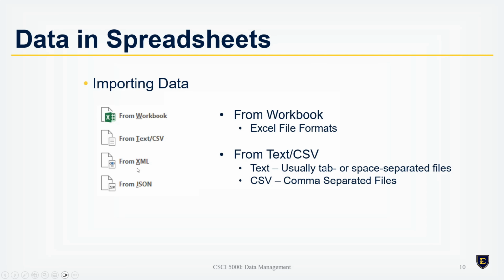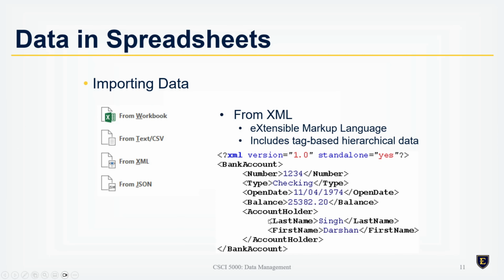Another way to interact with data in Microsoft Excel is importing from XML. XML stands for Extensible Markup Language, and it's tag based, used to indicate hierarchical data. This is an example of an XML file that indicates a bank account. This particular bank account has the account number 1234.